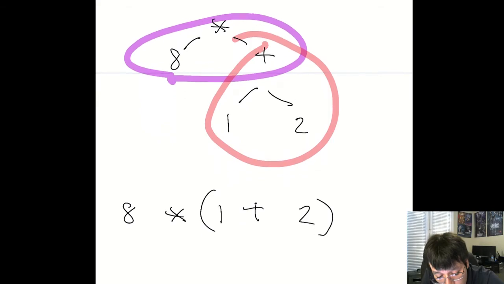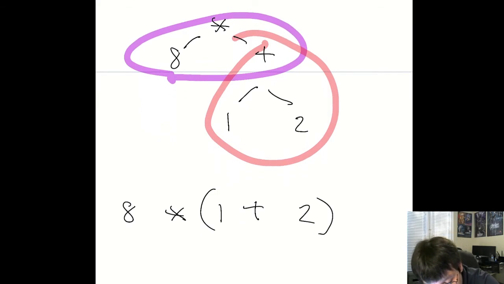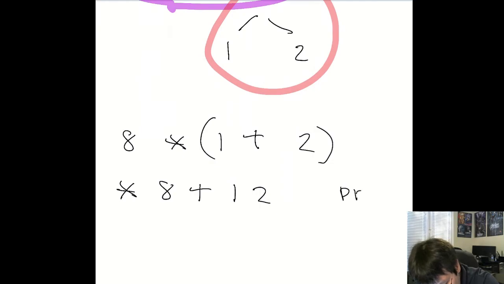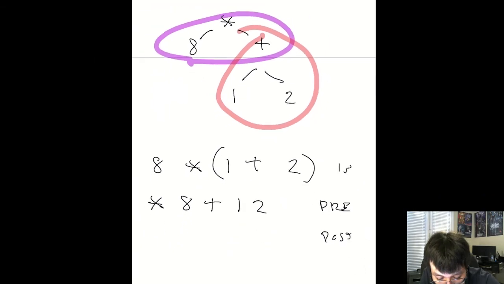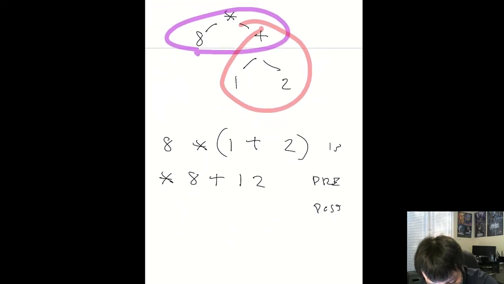However, if we do the pre-order traversal, then we get a times, then an 8, then a plus, then a 1, and then a 2. That's pre-order. And if we do the post-order, then we go 8, and then 1, 2, plus, and times.